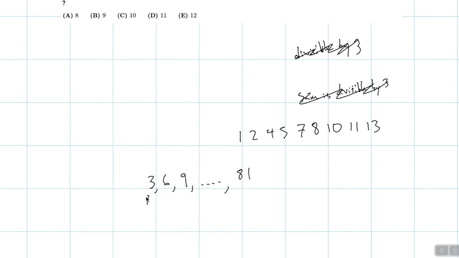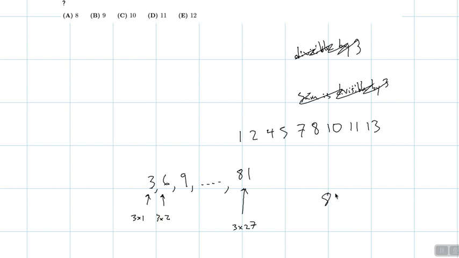So this is 3 times 1, 3 times 2, and this is 3 times 27. So there are 27 numbers that are divisible by 3.